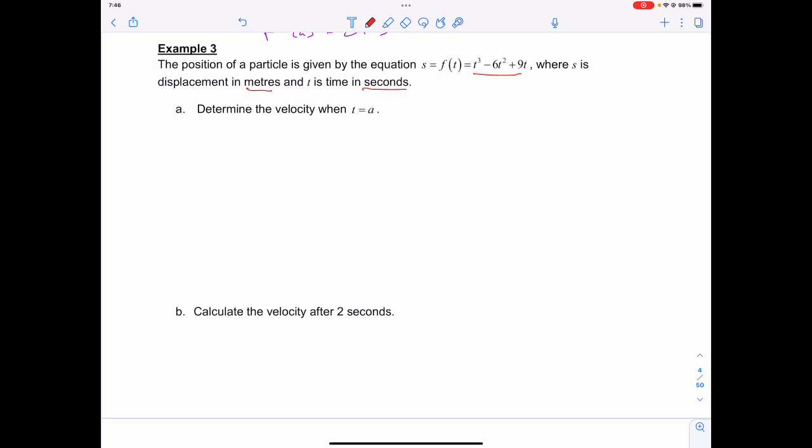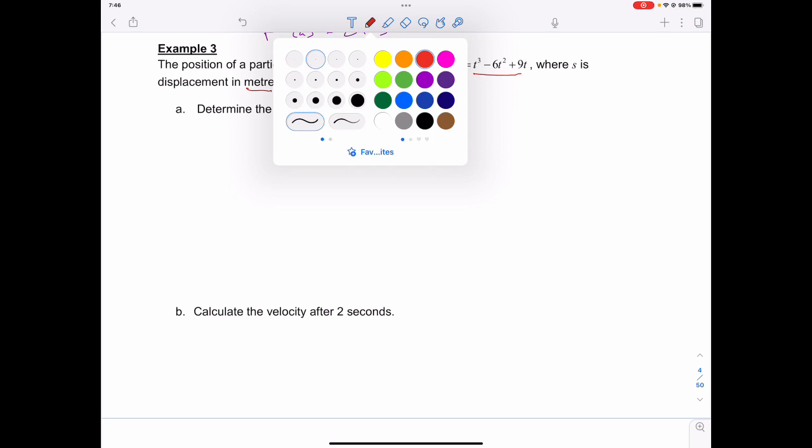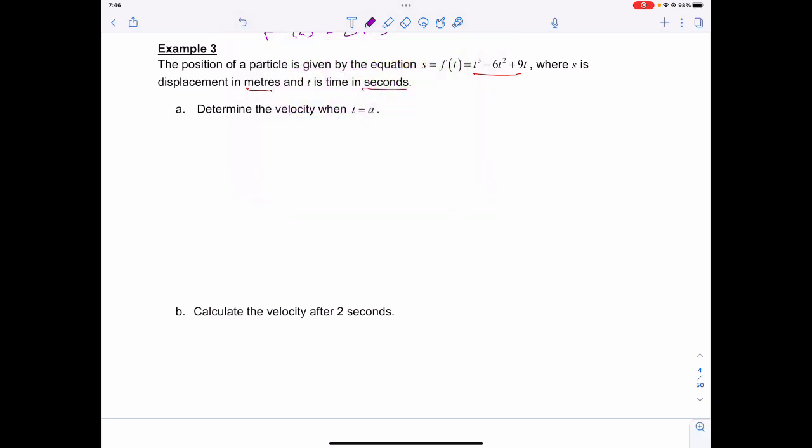If we're doing the velocity when t is equal to a, then we're going to be saying that f prime at a is going to equal the limit as h approaches 0 of f of h plus a minus f of a divided by h.